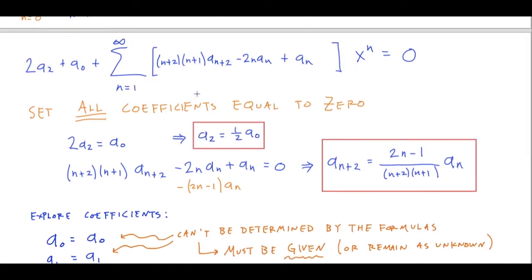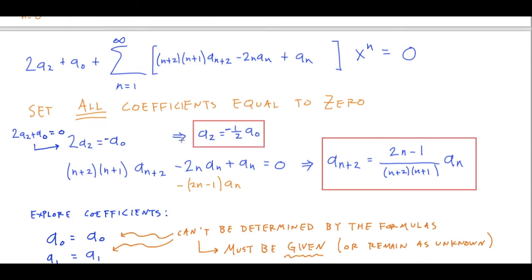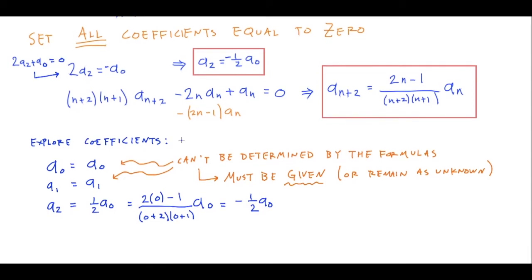Okay, so notice I said we needed to set all of the coefficients equal to zero. So this first equation should have actually said 2 a sub 2 plus a sub 1, plus a sub 0 equals 0, which would then imply that 2 a sub 2 equals negative a sub 0. Therefore, a sub 2 equals negative 1/2 a sub 0. And that does, in fact, agree now with this calculation that I got using this formula here.